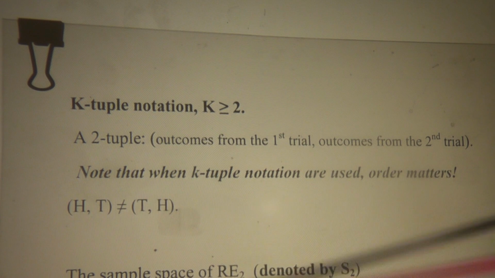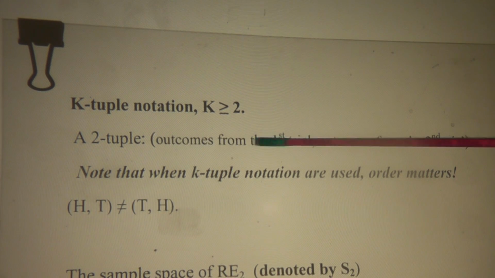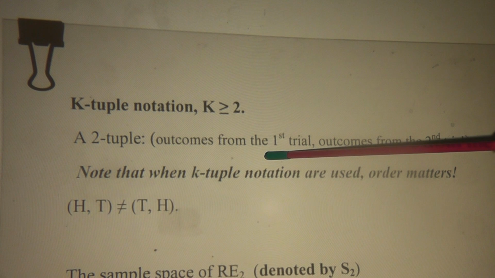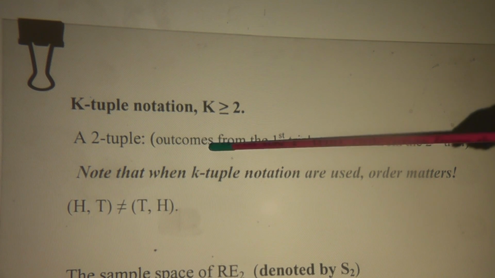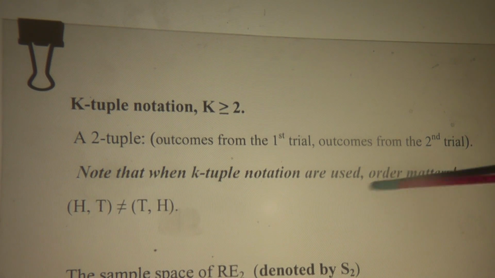A 2-tuple, for example. The first position in the 2-tuple, we denote the outcome resulting from the first trial. In the second position in the 2-tuple, we put down the outcome from the second trial.